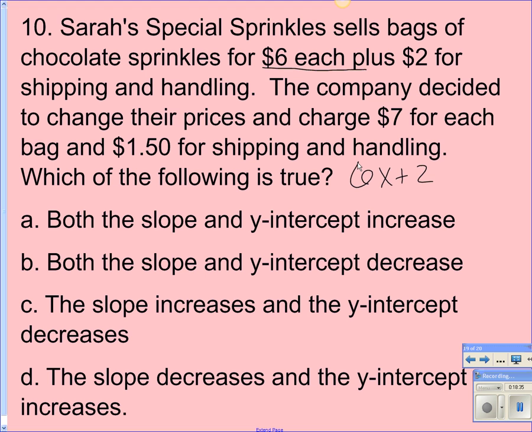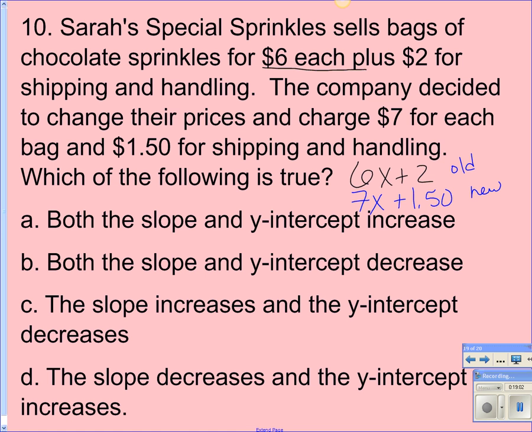Okay, but $7 what? Another one. 7 what? Well, x has to go beside the 7. Each bag plus $1.50. So this is the old one. This is the new. Okay. So, Julius, which one of these is the slope? Good. So did the slope increase or decrease, Julius?